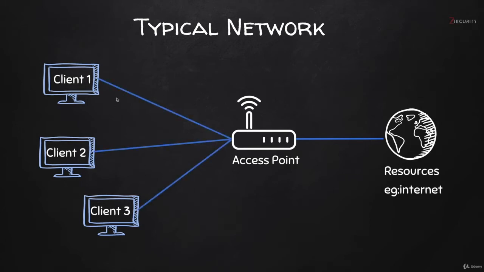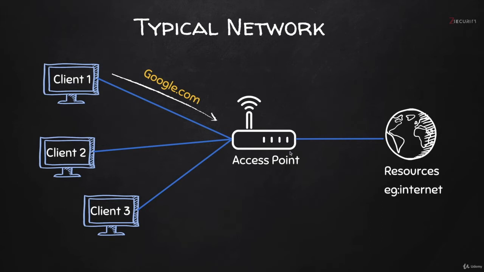So let's say, for example, you're client number 1 and you connected to your home network over Wi-Fi or over Ethernet, over a cable, and then you opened your browser and typed google.com. What happens is your computer will send a request to the access point asking for google.com.